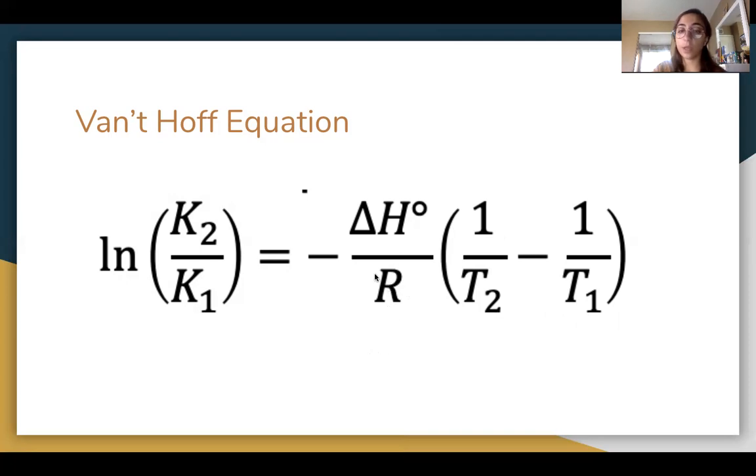You never try to find that. You might be required to find delta H, which is in the equation that we showed previously. The temperatures are always given to you, and then one of the constants will be given to you. They might play around and ask you to find one of the temperatures and give you all the other constants and variables. So make sure you're able to manipulate equations and do basic algebra.